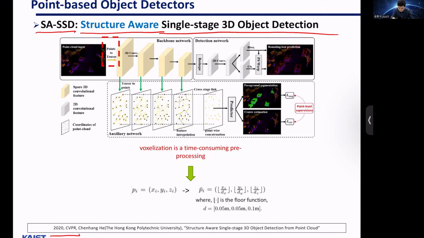The idea of this network was to have this auxiliary network, so that we can train the network using point level supervision. But when you're actually running this in real time for inference, you don't have to use this auxiliary network that was used for training purposes. Instead, you can use only these two networks.